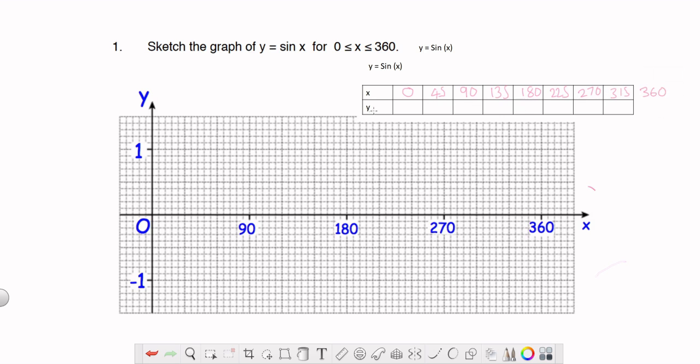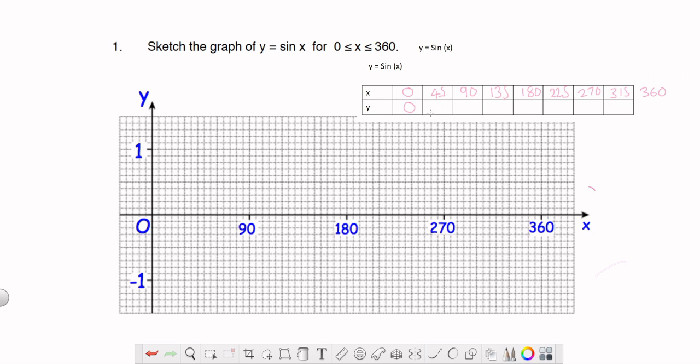So all I've got to do now is put 0 into x and find sine x on the calculator. Sine 0 on the calculator gives you 0. So I'll be plotting 0 along the corridor, 0 up the stairs. Now 45: sine 45 on my calculator gives me 0.7.